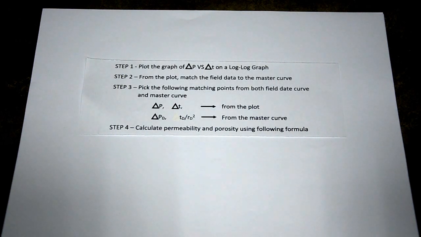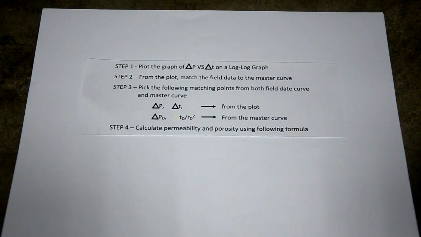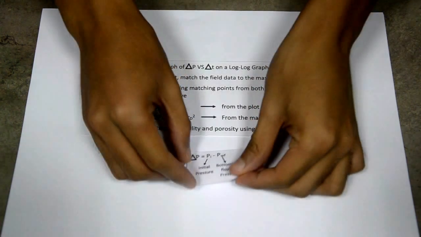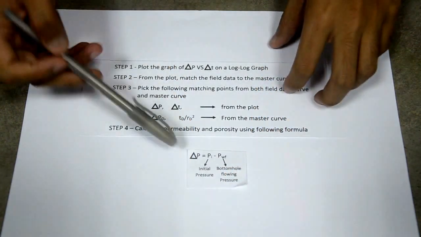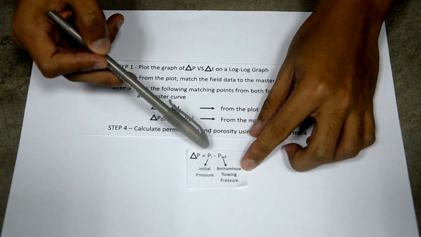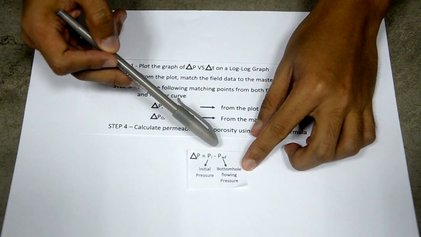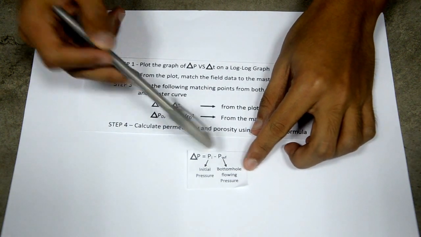Sets of data will be provided for delta T, and we need to calculate delta P using this formula. Delta P is equal to initial pressure minus bottom hole flowing pressure.